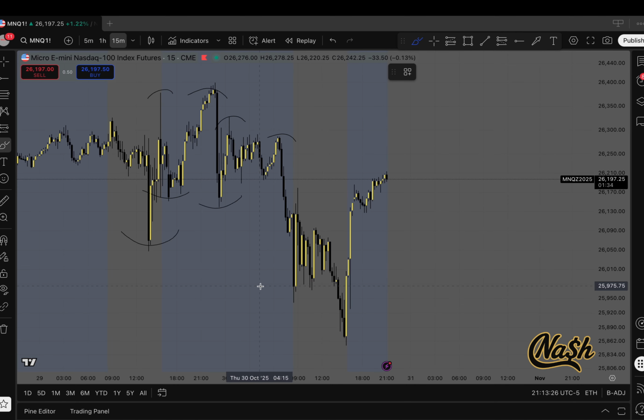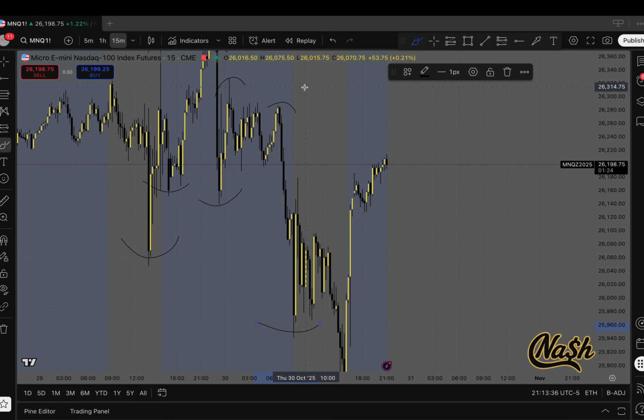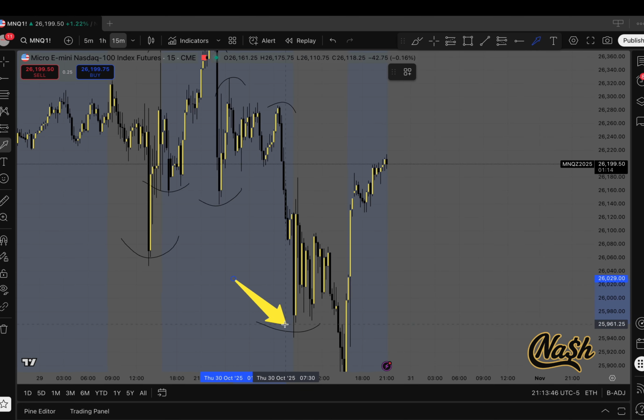So we get to today, and this is around 8:30. So 8:30 market opens, price establishes a new low because it hasn't created a new low since around 11:15 last night. So price needed to create a new low, which it did, which is this area right here.